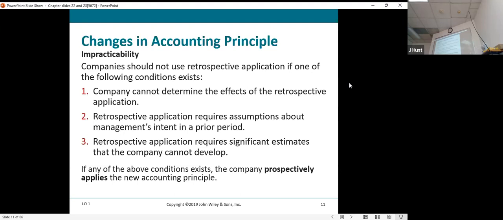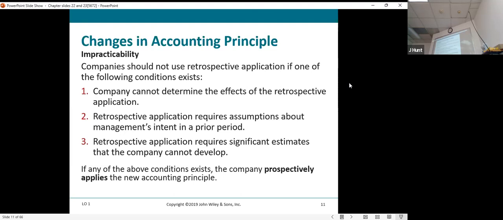It's not practical. So if you cannot do it, then the company has to report prospectively, just in the future. All right. So they give us three conditions. One of these has to exist for us to be able to get out of doing retrospective, right?